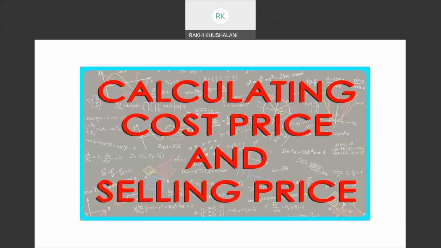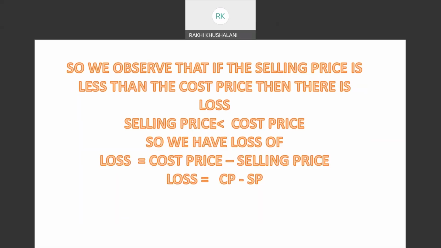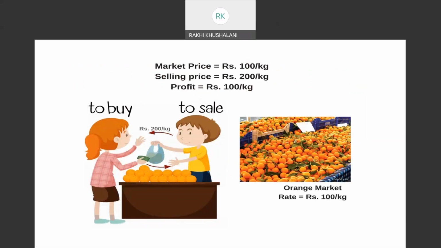Let's see more examples. Calculating the cost price and the selling price. The market price of the oranges is rupees 100 per kg. And the selling price is rupees 200 per kg. That slash sign indicates per, or we can write PER. The profit is obviously rupees 100.